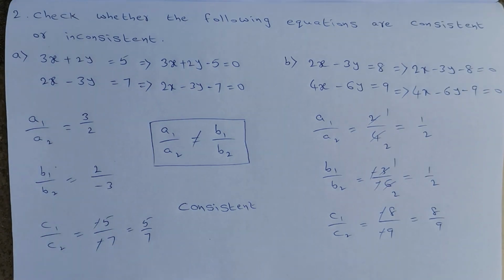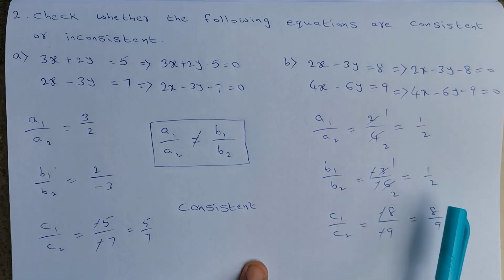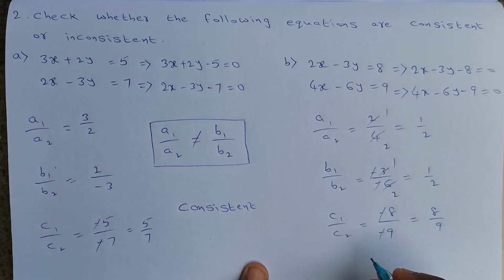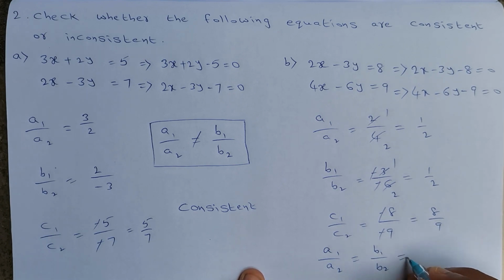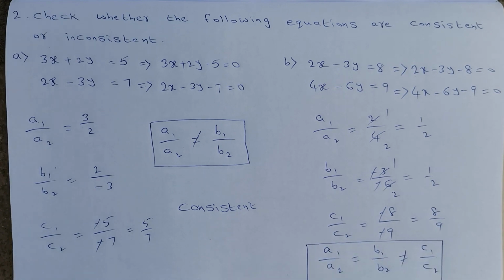Okay, now if you observe the values, here a1 by a2 value is 1 by 2, b1 by b2 also 1 by 2, whereas c1 by c2 is not 1 by 2. So we can write this as a1 by a2 equals b1 by b2, which is not equal to c1 by c2.